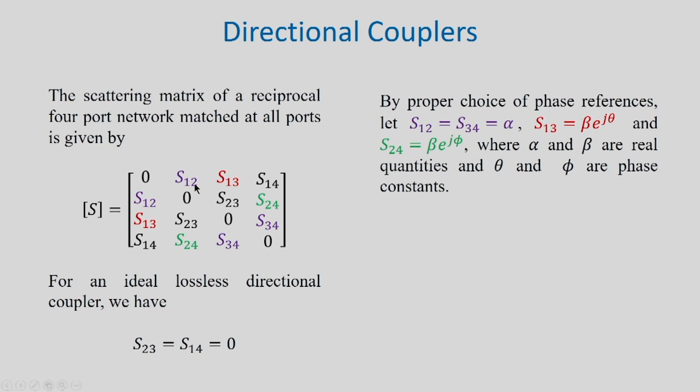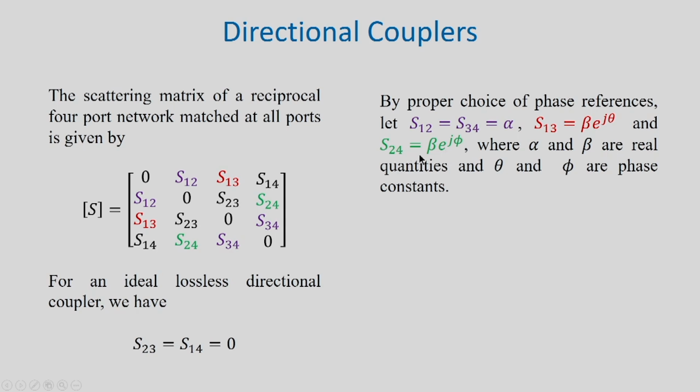So, S12 and S34 are set equal to alpha, and S13 equal to beta e to the power j theta, and S24 has magnitude the same as S13, but it has a different phase.